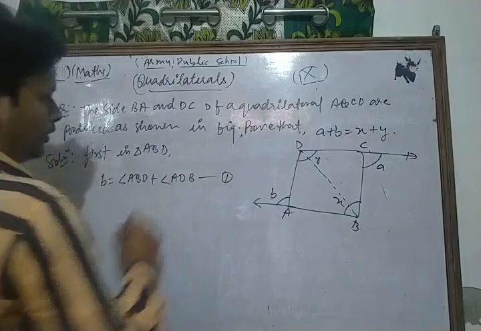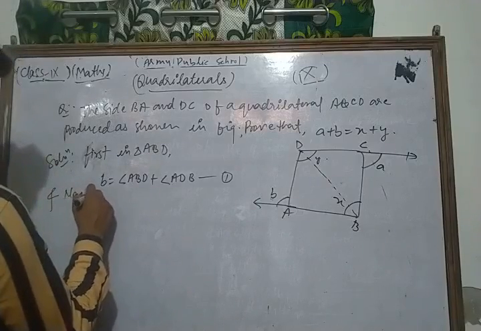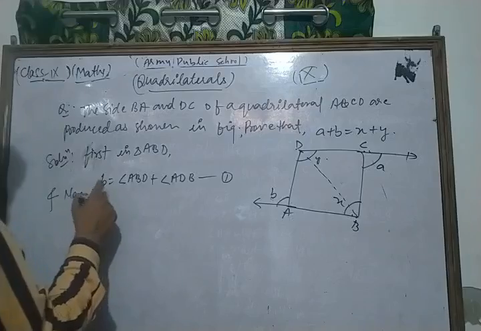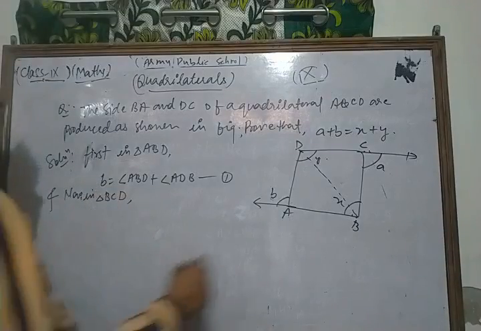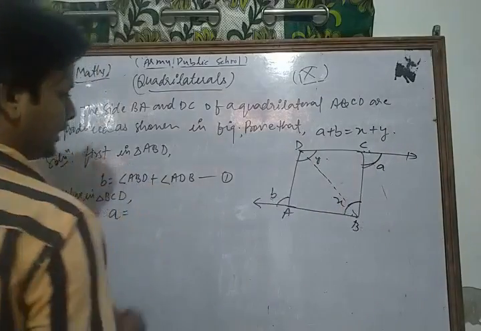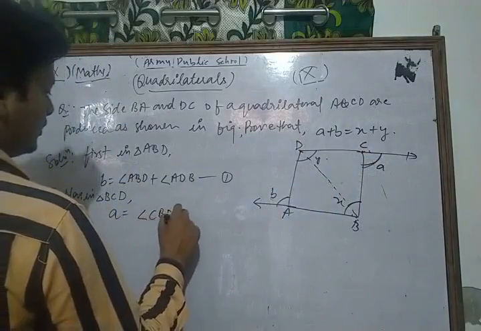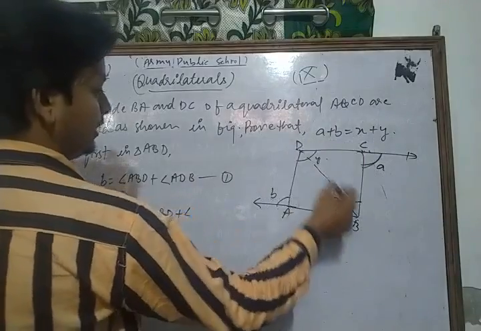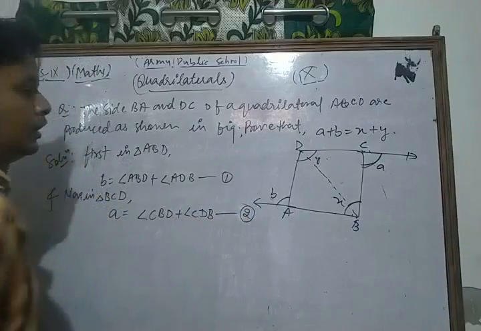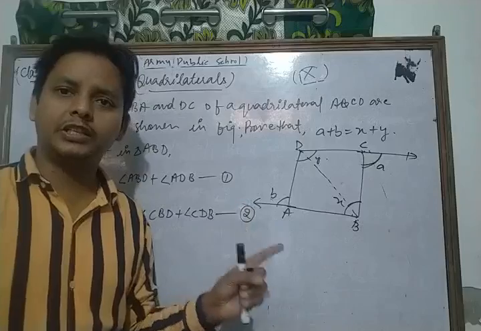Take this as equation number 1. And now in triangle BCD, exterior angle A is equal to the sum of its two opposite interior angles, meaning angle CBD plus angle CDB. Take this as equation number 2. Means in both the triangles we apply the exterior angle property.